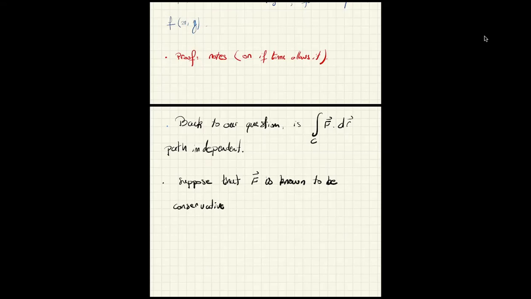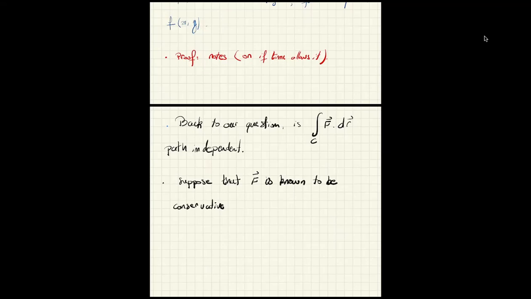But make sure that you understand what we are saying. Conservative means that it's path independent, okay? But path independent doesn't necessarily mean that it's conservative. Path independent implies conservative only if the region is open and connected, by the theorem.